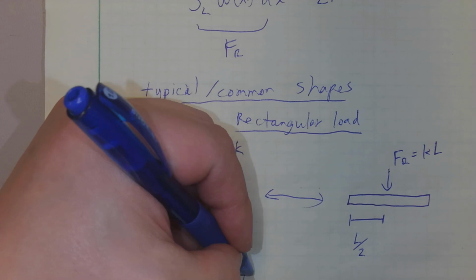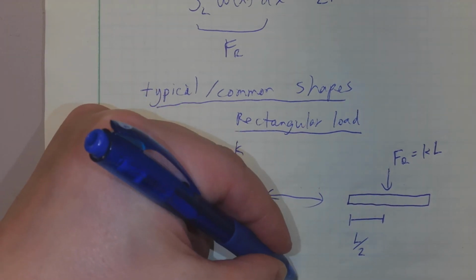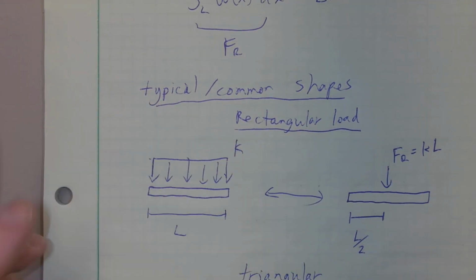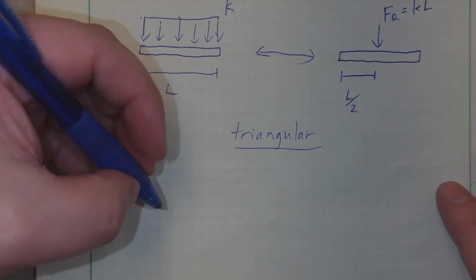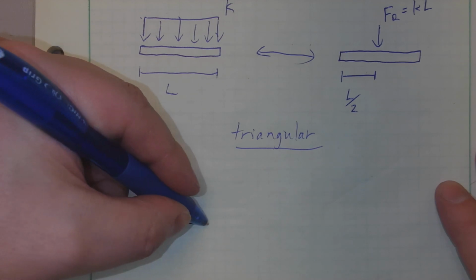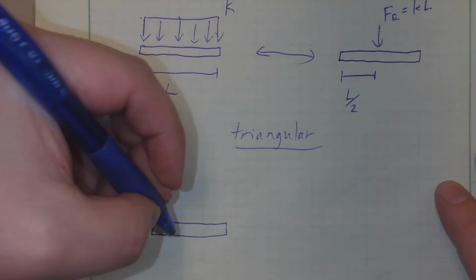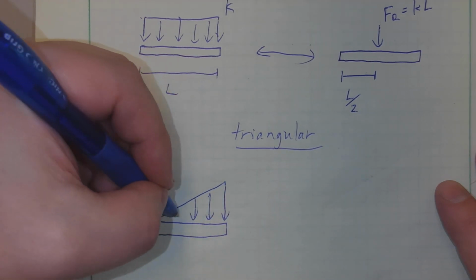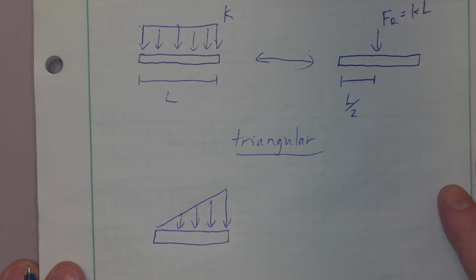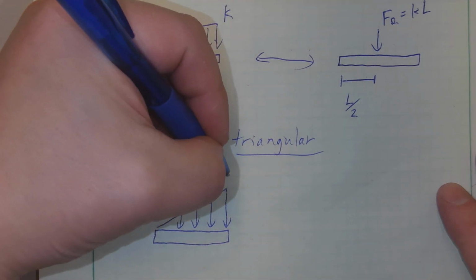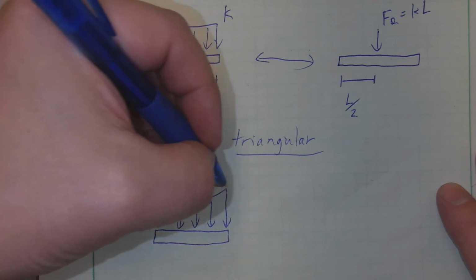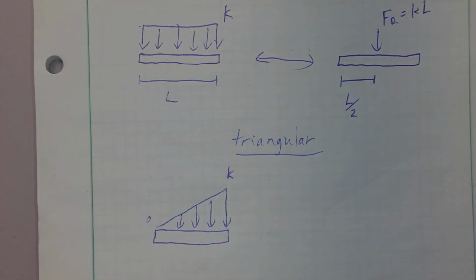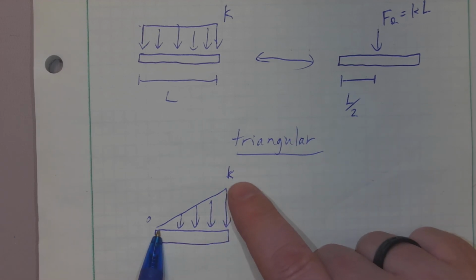Let's look at another one that, as I mentioned earlier, the next most common that you'll encounter is a triangular load. So the triangular load, and we could derive this. It's not a hard derivative, it's not a hard integral. Well, let's say we're going from basically 0 up to some constant K. You go from a 0 intensity all the way up to some K value.